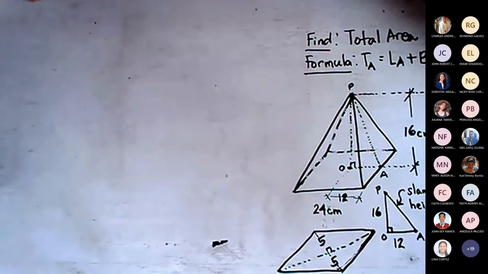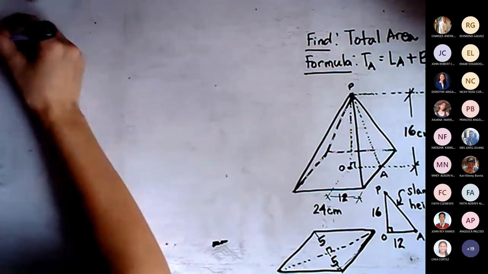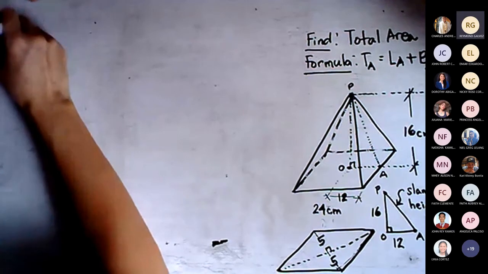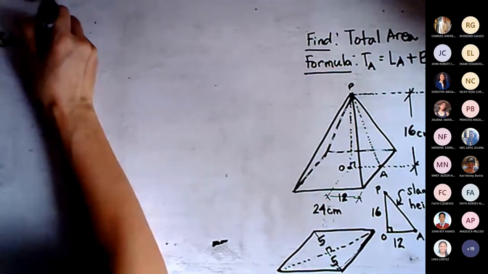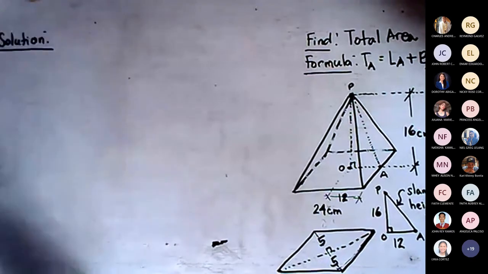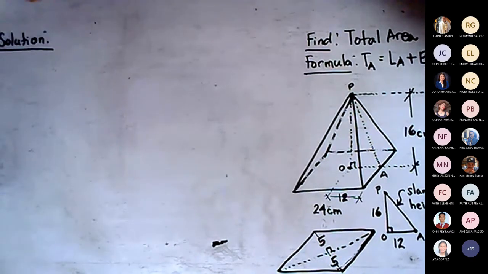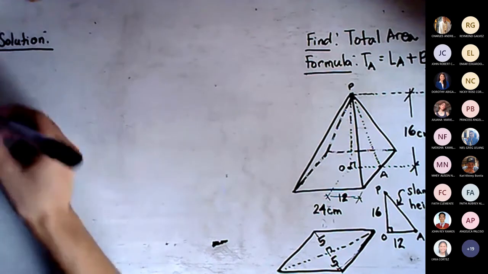So how do we determine the slant height? What will be the formula for the slant height? Pythagorean theorem po. Okay, very good. So we are going to make use of the Pythagorean theorem.